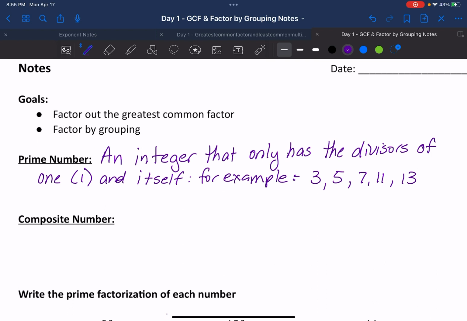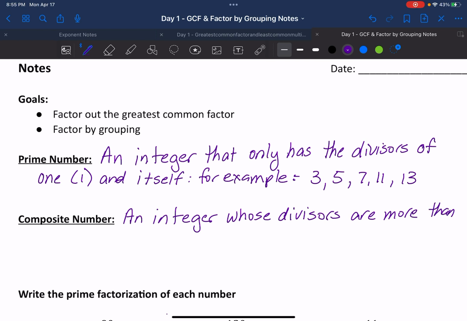Now, a composite number is an integer whose divisors are more than just 1 and itself.